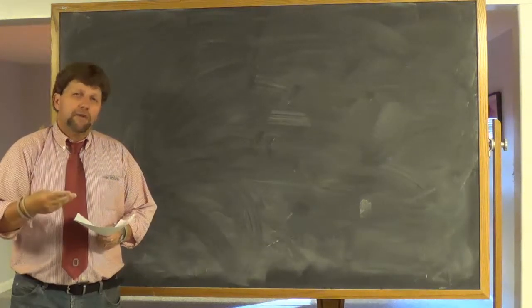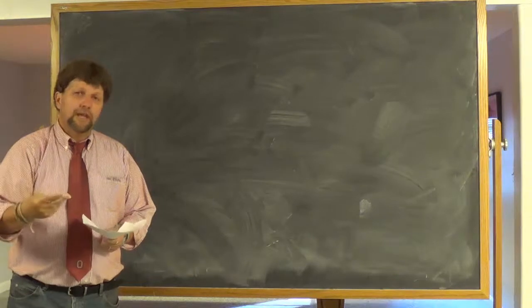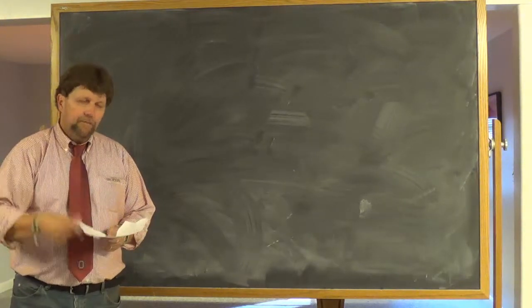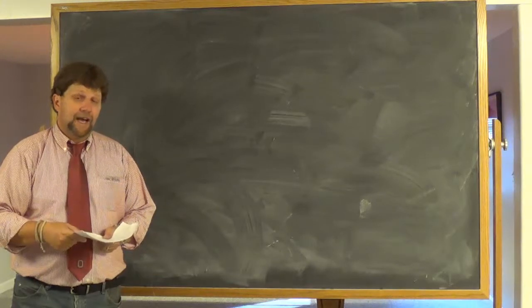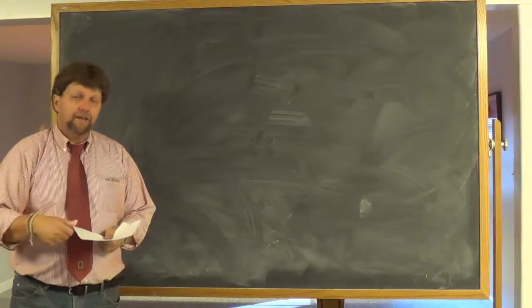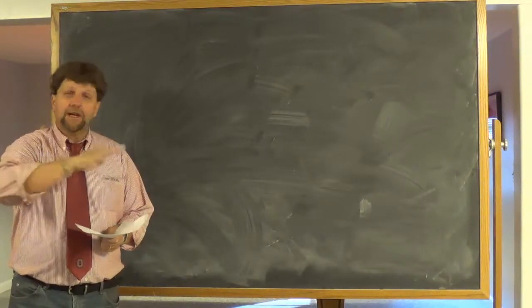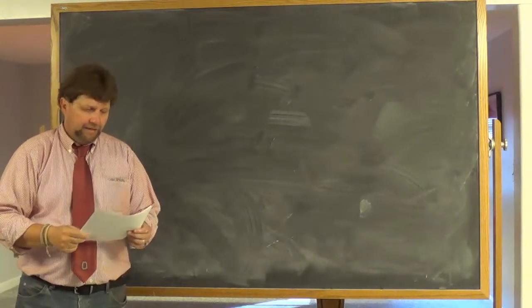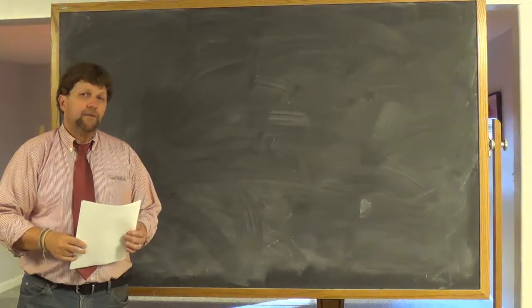Here are the following graphs that I would like you to know what they look like without having to use a graphing calculator. The first one is f of x equals x, knowing that line. You'll see these graphs in your book. I'm not going to put them up here. The next one is f of x equals x squared.